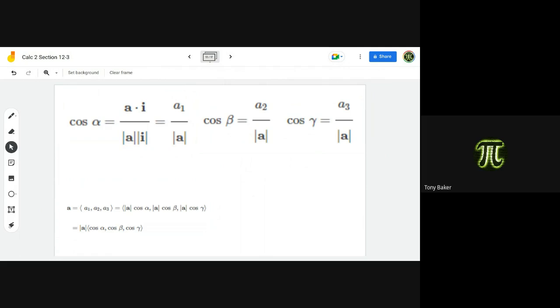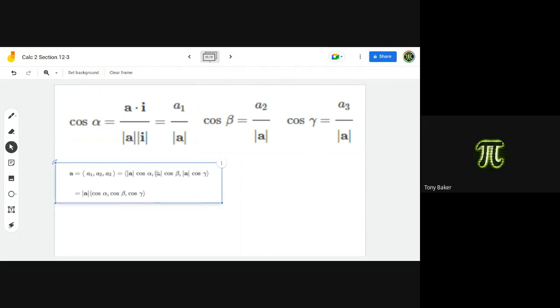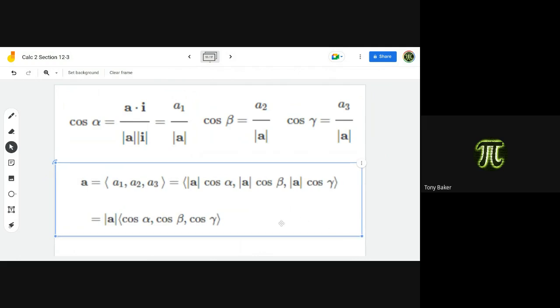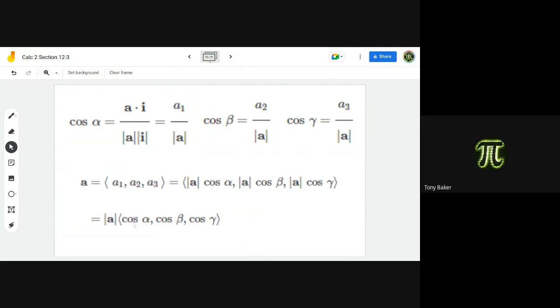If we're looking at the k, we're looking at the third term in the vector. And it's just divided by the magnitude of whatever the vector is. We can then write that as a vector. And that's your cosine vector. So basically it's the angles, the angle vector.